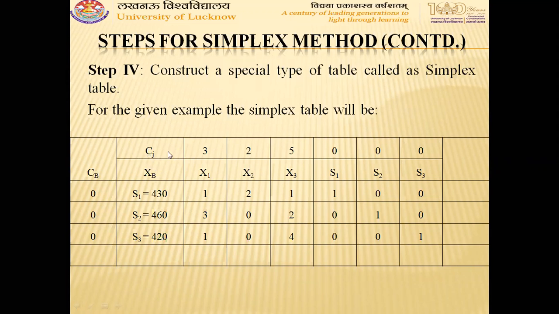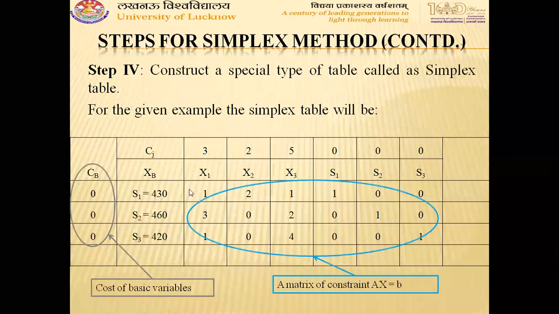Cj represents the cost coefficient of all the variables involved in our objective function, or you can say in the linear programming problem. So after the basis, the first column is for x1, the second column is for x2, that is, the first three columns represent decision variables, and the last three columns represent the slack variables.